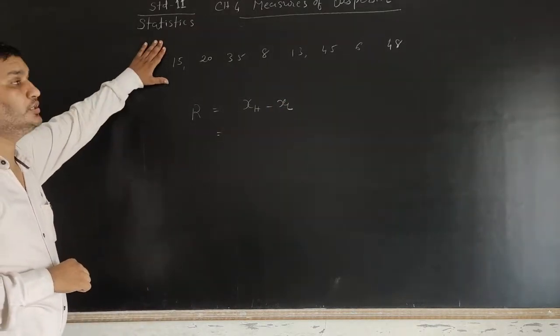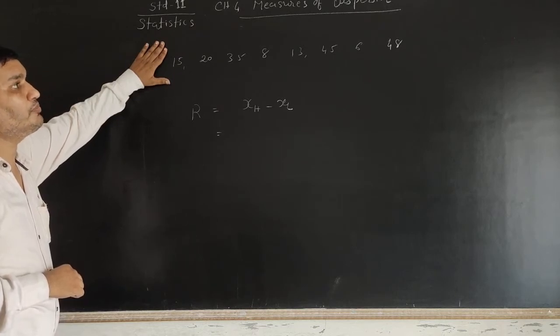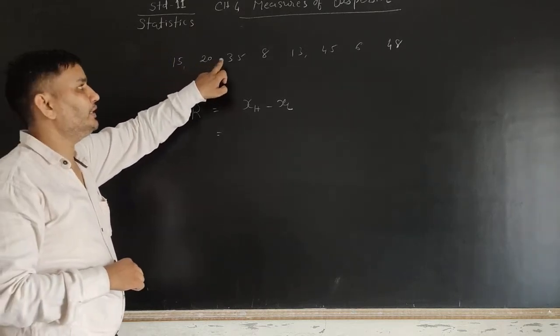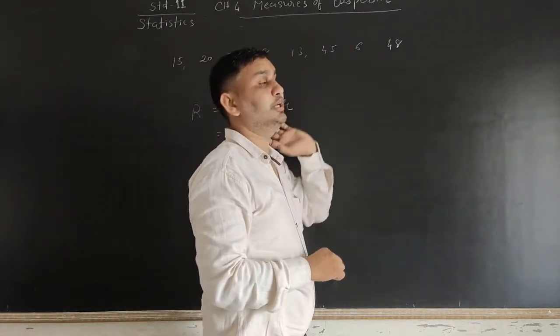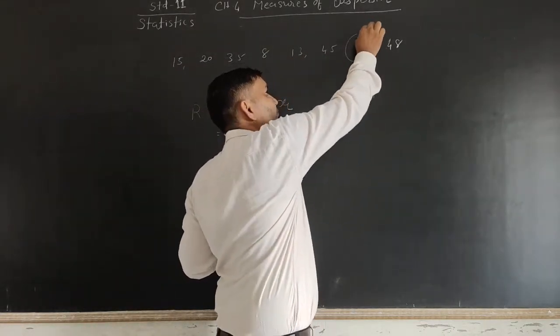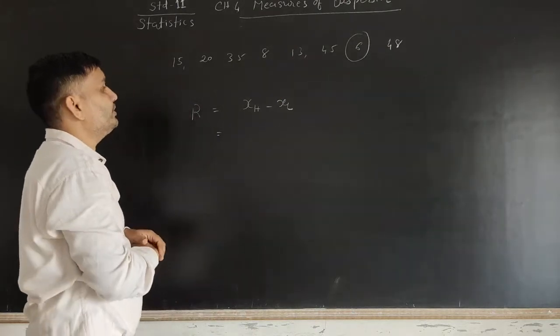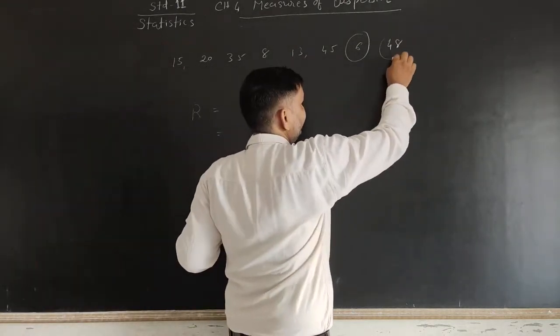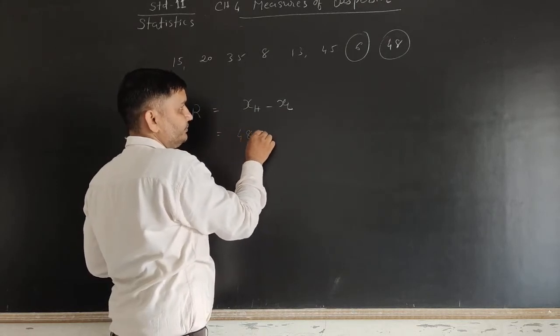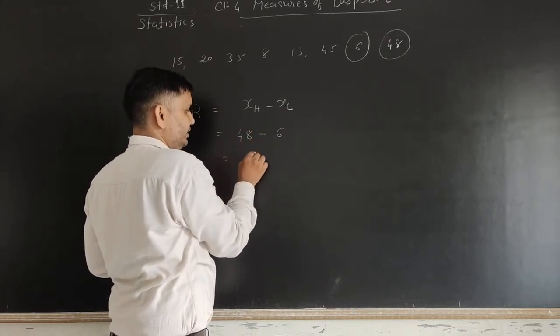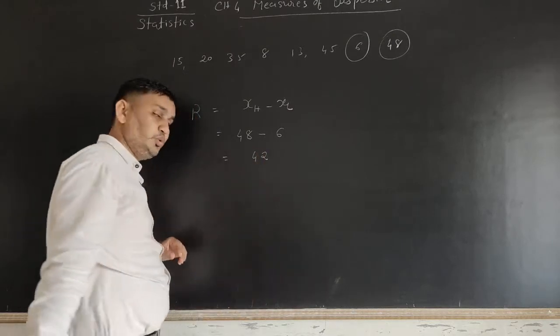Observing the values 15, 20, 35, 8, 13, 45, 6 and 48, which is the lowest value? 6. And which one is the highest value? 48. So the range is equal to 48 minus 6, that is 42.